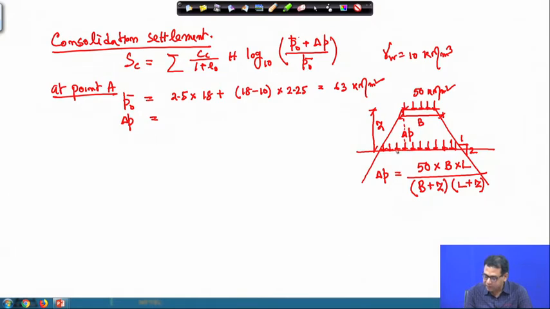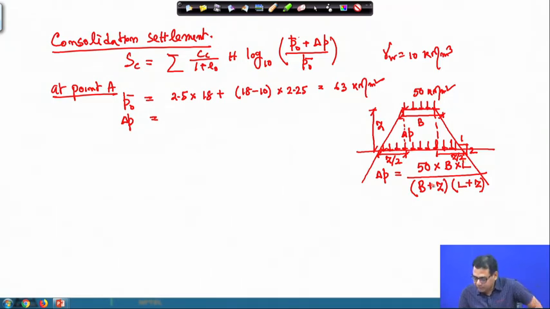Here you will find this is Z by 2: if this is 1 and this is 2, and 2 is Z, this will be Z by 2. Similarly, this will also be Z by 2.